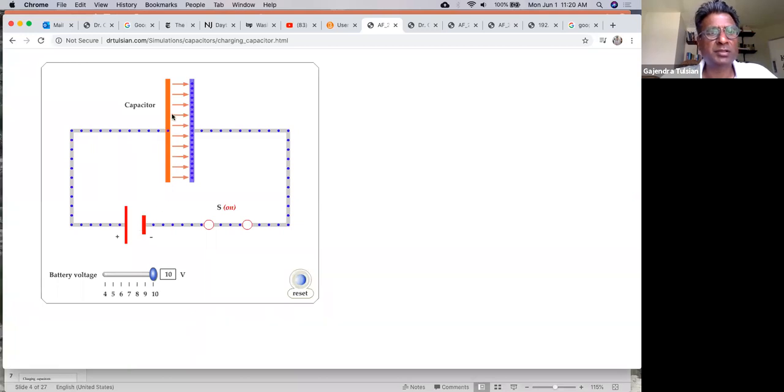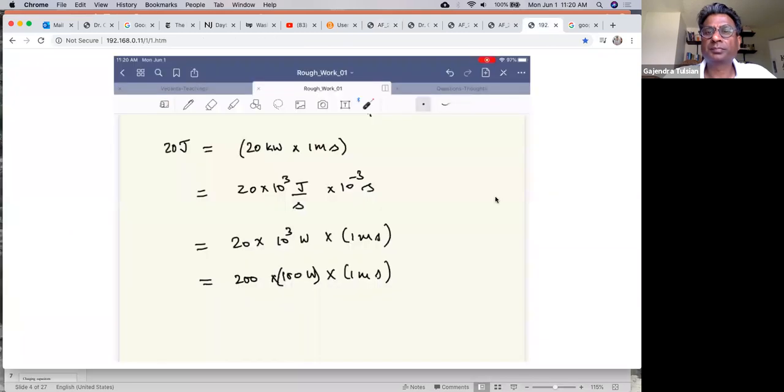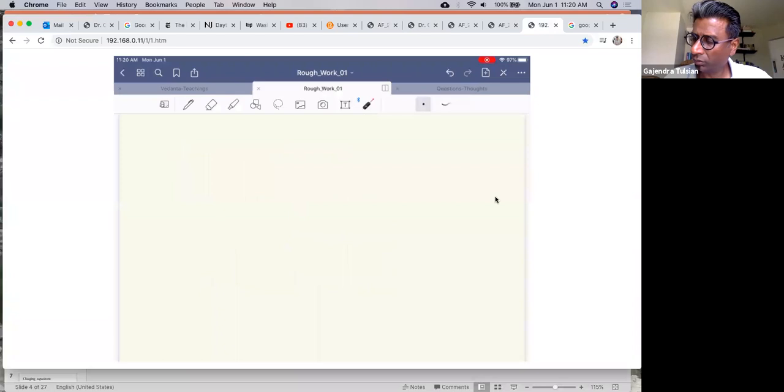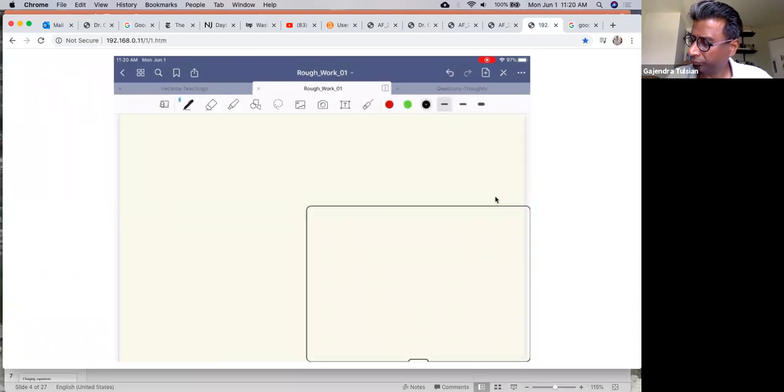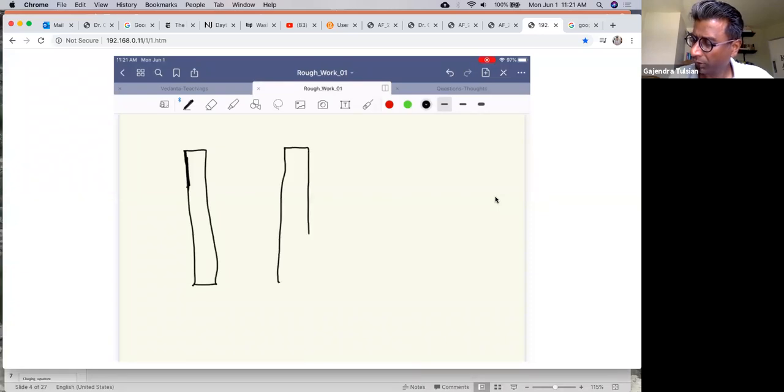We've charged this capacitor, and it turns out that the charge resides on the inner surface. The inner surface is positive and this is negative. Let me draw a larger diagram of that. So when a plate is charged, here's a blown up view of a parallel plate capacitor.